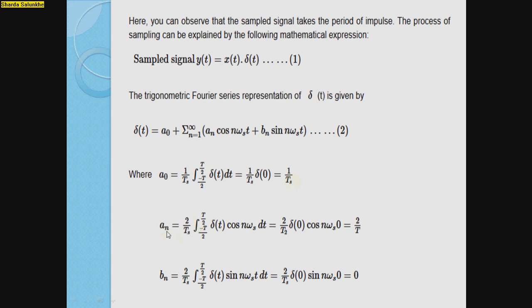So a0 is 1 by Ts. an is equal to 2 by Ts times the integration from minus Ts by 2 to plus Ts by 2 of delta of t cos of n omega s t dt. That is equal to 2 by Ts times delta of 0 for the 0th period, cos of n omega s times 0, so that is 2 by Ts. Similarly, bn can be calculated as 0. So here a0 is 1 by Ts, an is 2 by Ts and bn is 0.